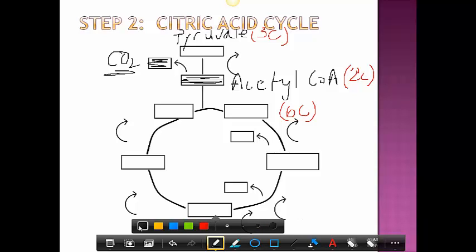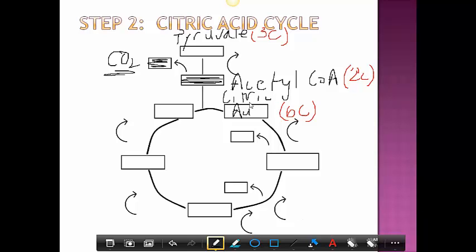That's why we call it the citric acid cycle. Handwriting is horrible, but you should be able to spell citric acid based on the title on the slide. So, citric acid is a 6-carbon molecule. The next step in the cycle is to make a 5-carbon molecule, which is this box right here.